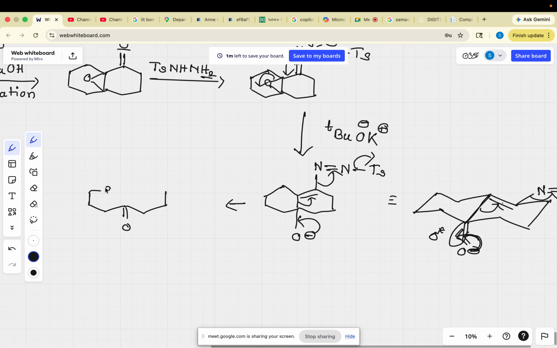So suppose you have here CH2, then you have what? Carbon triple bond carbon. And then again you will have one CH2 here. That is difficult to draw here. I am showing here. So again you will have one CH2 here.